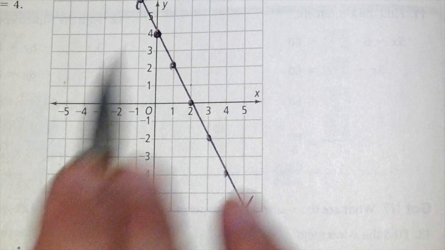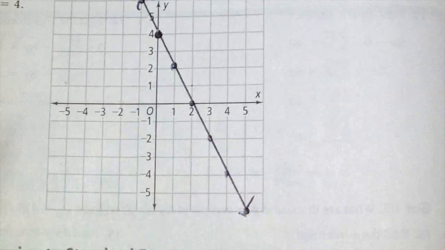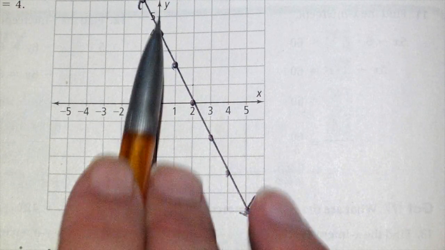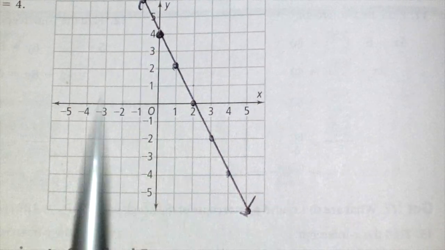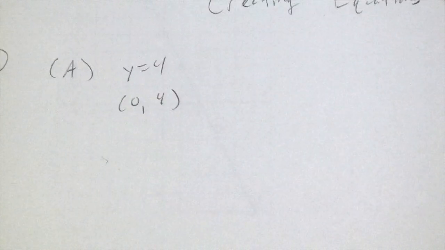But usually we can notice what the y-intercept is. Sometimes it's in between 2 points, and then we'd want to use algebra. But here, all we have to do is identify that the y-intercept is at 4. So for A, all it says is what's the y-intercept, and we're going to say y equals 4. But what's even better is to write the point. So (0, 4). And that's one of the points on our line.